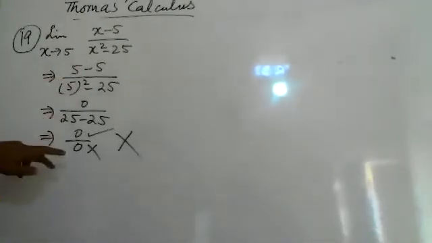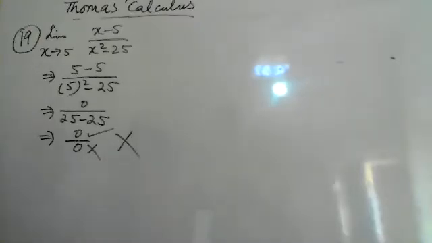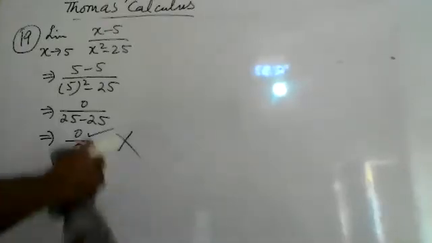So when there is 0 in the denominator, we must use the method of factors: factors of the numerator, factors of the denominator, or factors of both the expressions. Okay, how to make the factors?